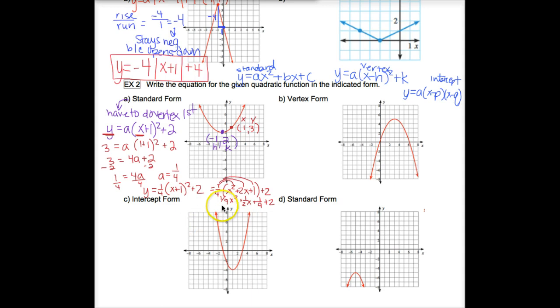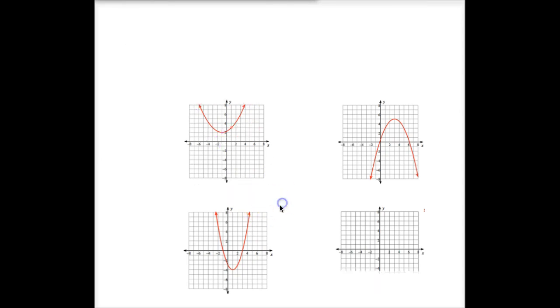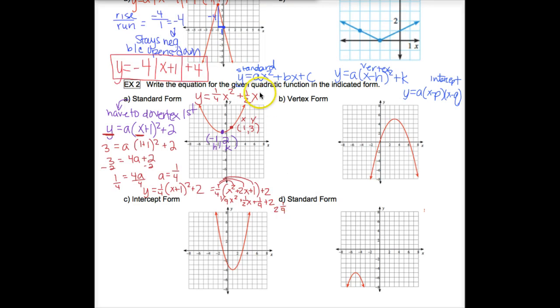So when I simplify everything, I've got y equals, this is my only x squared term, so 1/4 x squared. My x's, this is my only x term, so plus 1/2 x. And then I've got 1/4 plus 2. 2 and 1/4 as an improper fraction is 9/4. And so there is my standard form equation.